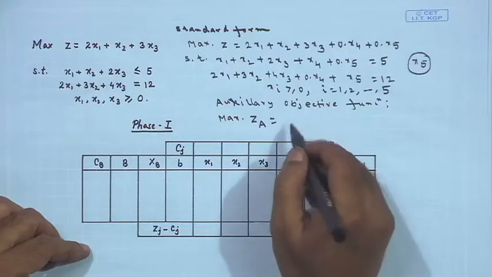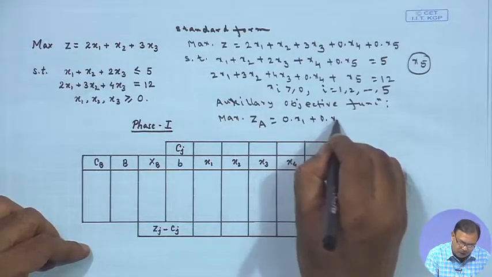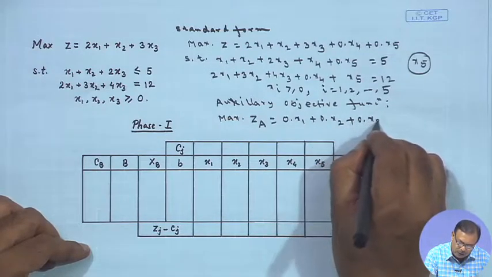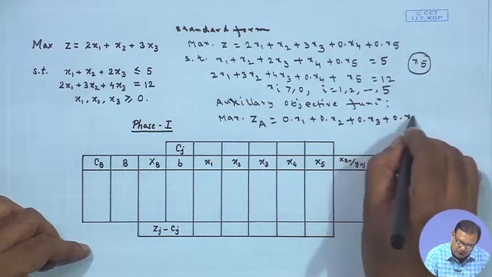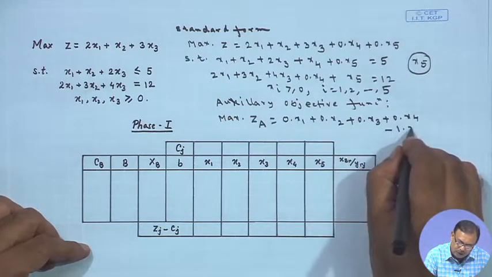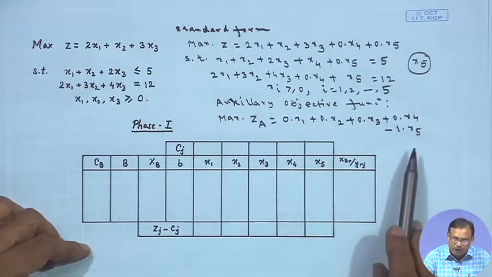That is, z a equals 0 into x1 plus 0 into x2 plus 0 into x3 plus 0 into x4 plus minus 1 as the coefficient of the artificial variable.